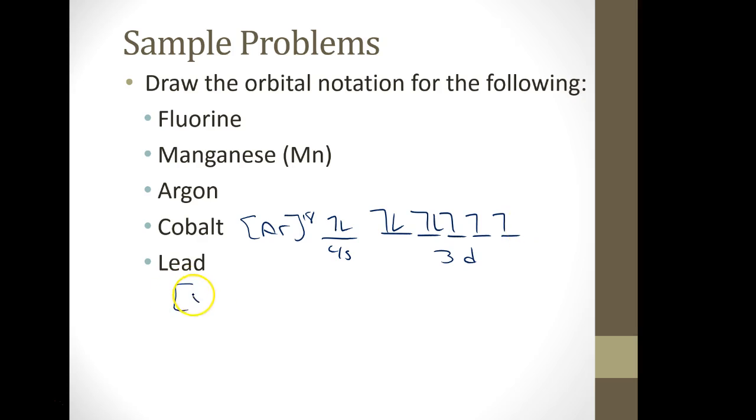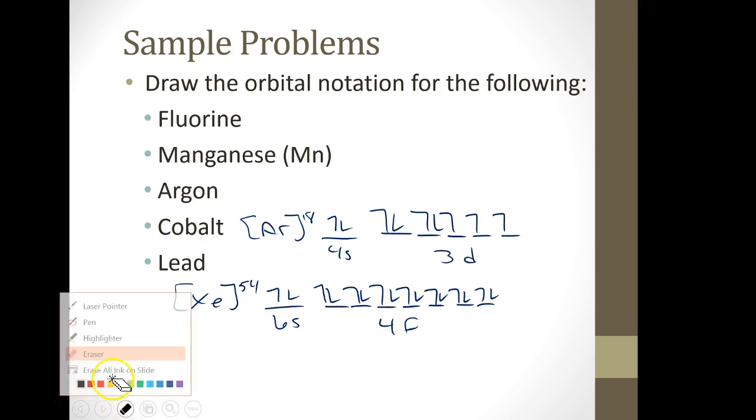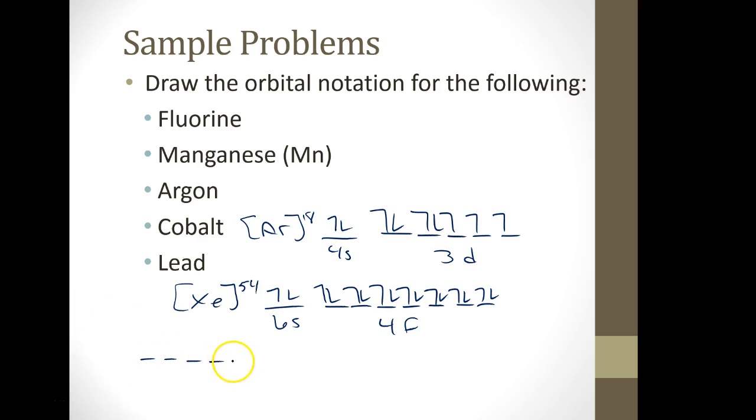If I was to do lead, xenon, 54, 6s, 1, 2, then the 4f, all 7 orbitals, 4f, 1, 2, 3, 4, 5, 6, 7, 8, 9, 10, 11, 12, 13, 14, then the 5d's, 1, 2, 3, 4, 5, 1, 2, 3, 4, 5, 6, 7, 8, 9, 10, 5d10, and then you get to the 6p's, which is only 2.